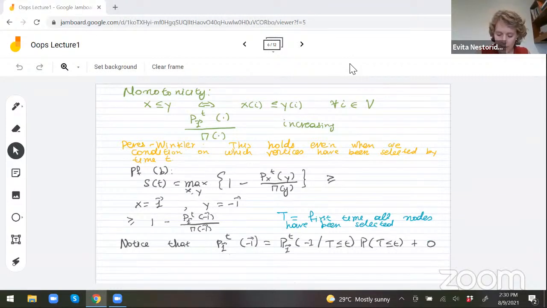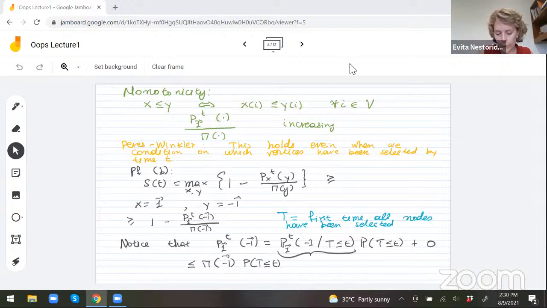Okay, and so basically the Peres and Winkler property that I was telling you about says that this quantity here is less or equal than the stationary measure of the all minus ones configuration. That is because this is an increasing function, even if we condition on T having happened, and the minimum state is the all minus ones.